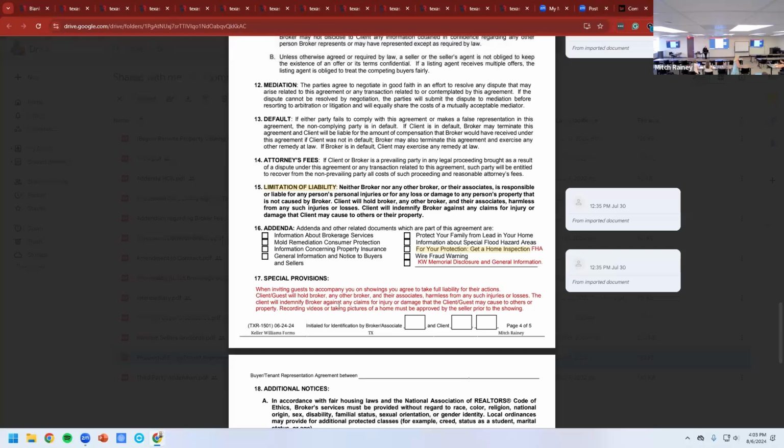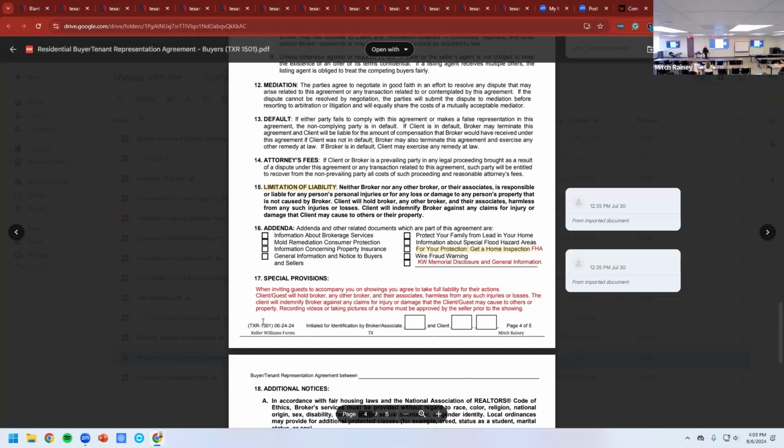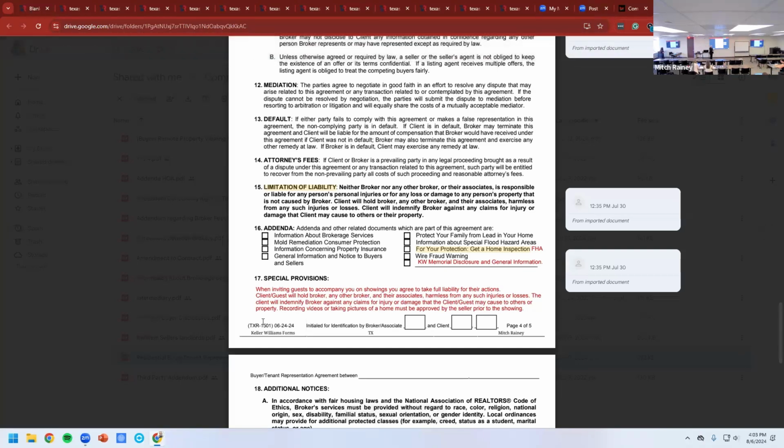Client/guest will hold broker, any other broker, their associates harmless for any such injuries or losses. There it is. I also have the contracts in there with what's commonly put. This is the buyer's rep. This is the long form. And this is the one that's on agents only.